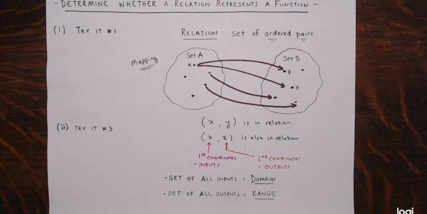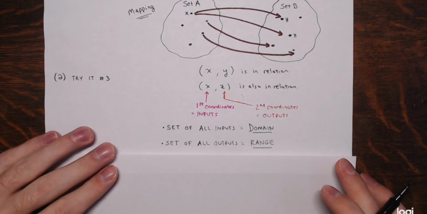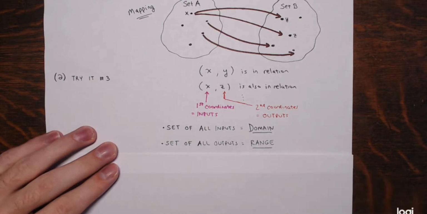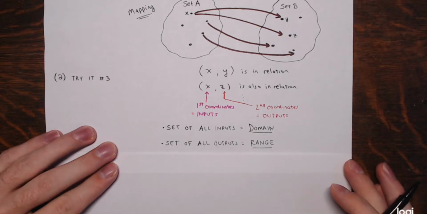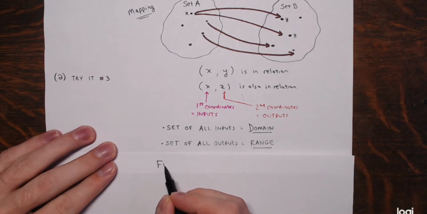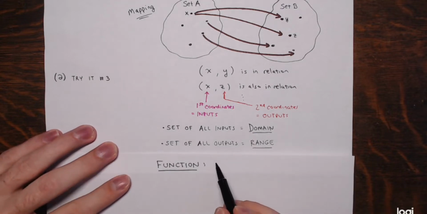All right, and then one final definition. They're asking us to determine whether a given relation, some mapping, some pairing between two sets, is a function. So we have one more definition here. A function. A function is a relation.